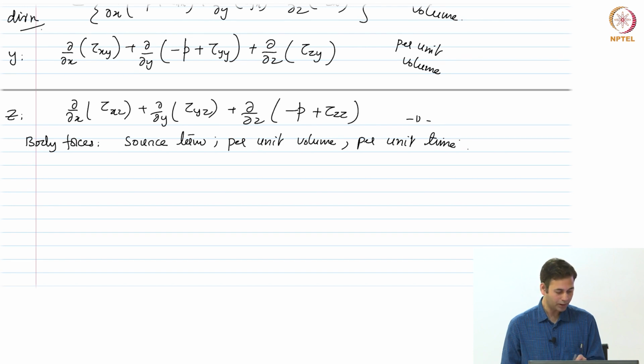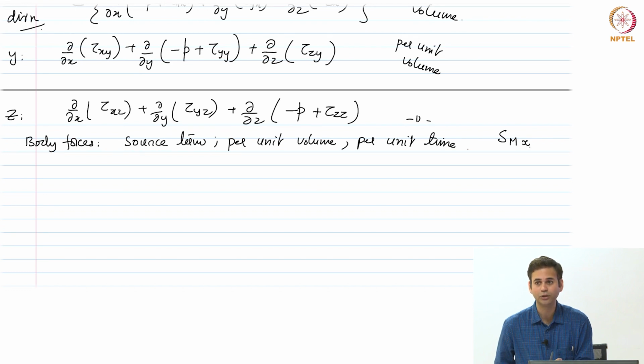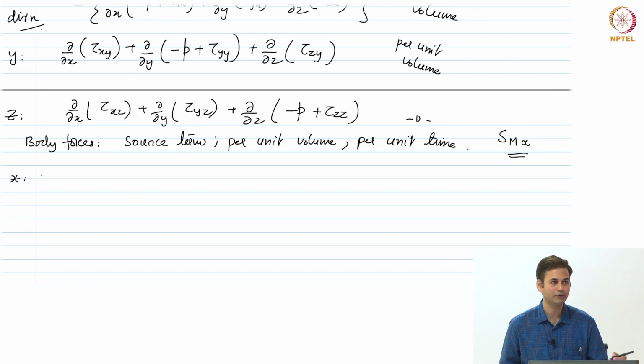So, if I represent a source term with some S, and I write S sub m for the source in the momentum equation, and we would use different subscripts x, y, z to represent the source of the momentum equation in the x, y, z directions, which is per unit volume, per unit time. Now, I can collate all of these things and write the final momentum equation in the x direction. Now, we are writing it for a fluid element, okay. So, what will be the rate of change of momentum for a fluid element that we have already derived?